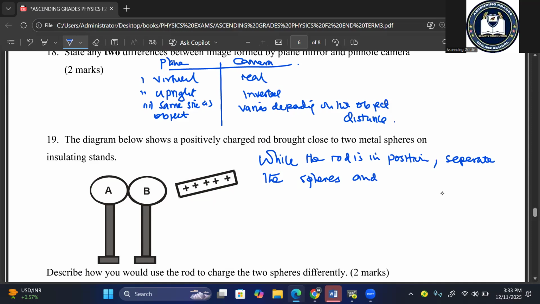Then remove the rod. So at long last, B will go with the negative charges, whereas A will go with positive charges. So during this method of charging, both charges are acquired.